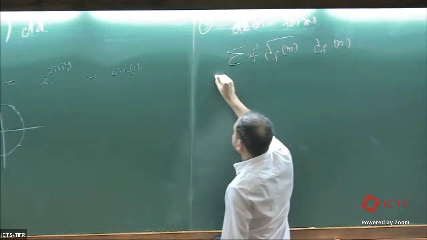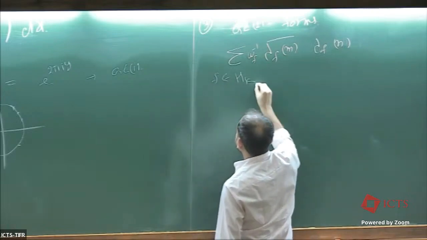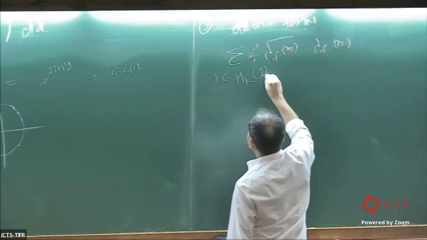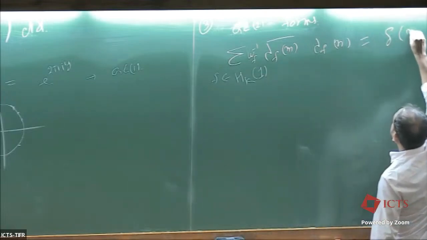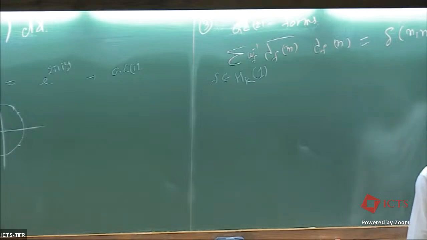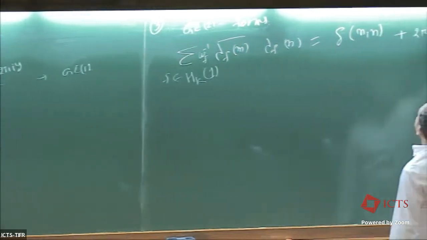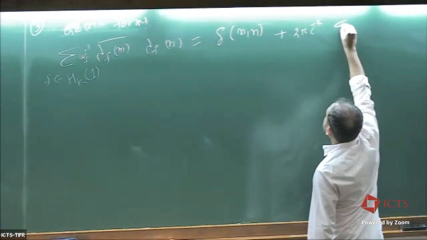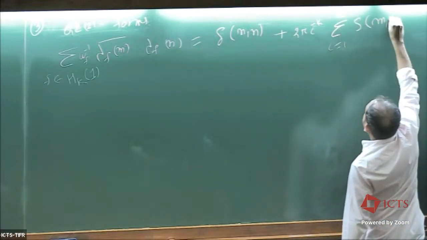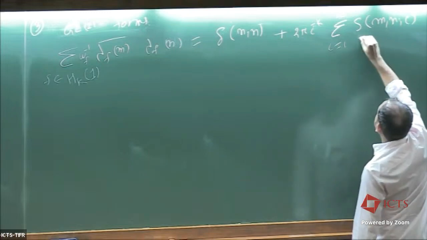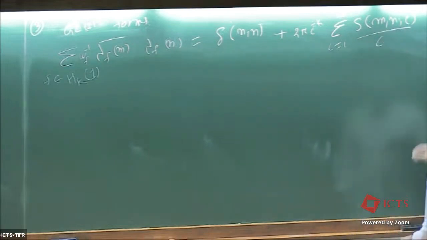If you sum over all f belonging to the Hecke basis, where the level we will take as 1, then here you can get one expansion for delta n m plus 2 pi i to the power minus k, summation c from 1 to infinity, S of m n c by c, and then J k minus 1 of 4 pi square root of m n by c.